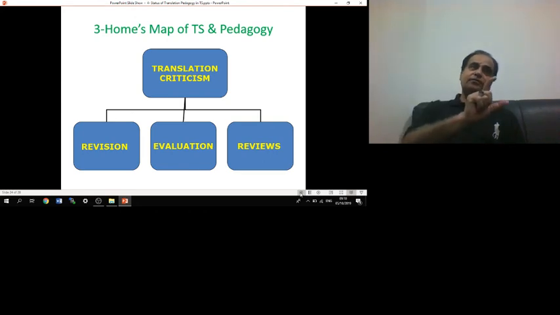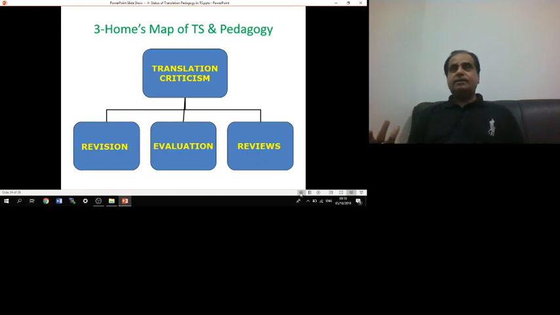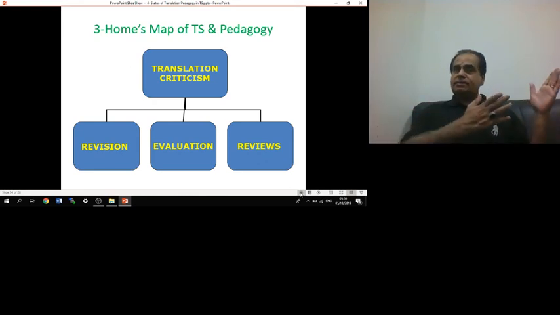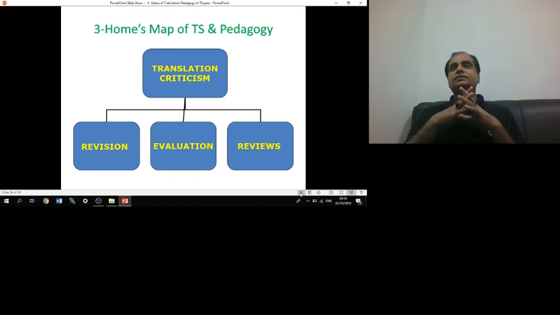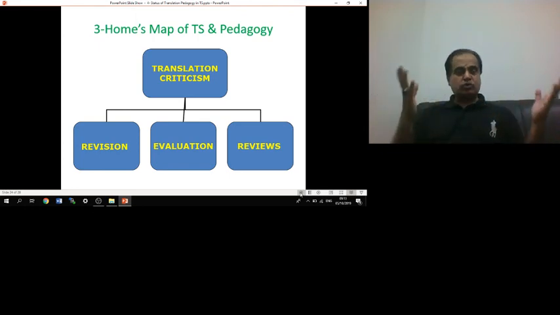This is revision of translation. Or in the practical area, one book is translated, and then there is a person who is going to revise that translation. Revise means improve it, make the corrections, make the adjustments in terminology, in the structure, and so on and so forth. That is revision, and I hope this is clear.